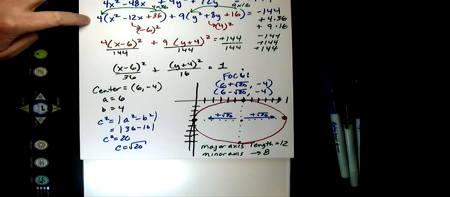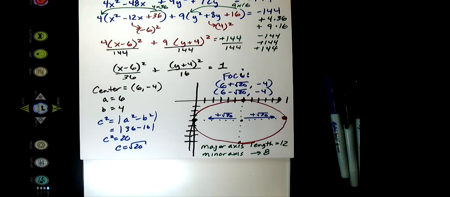Once you get past that, it's the same as a regular ellipse. Hyperbola has the same issues.